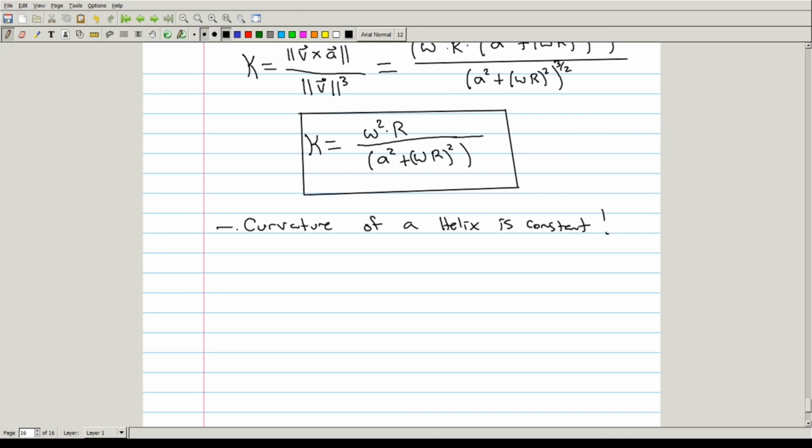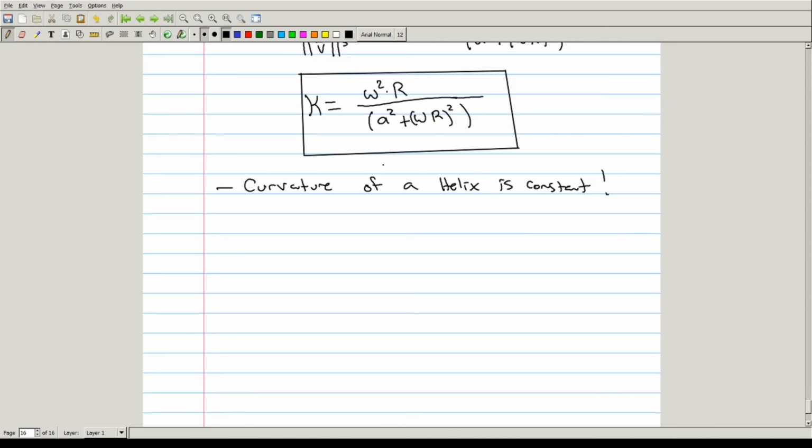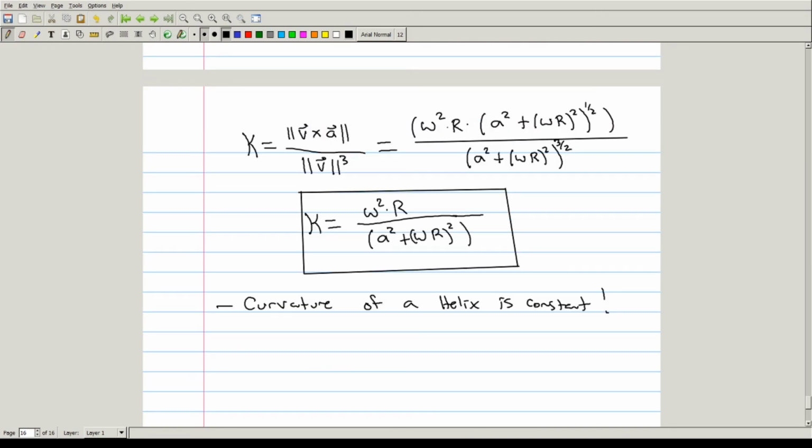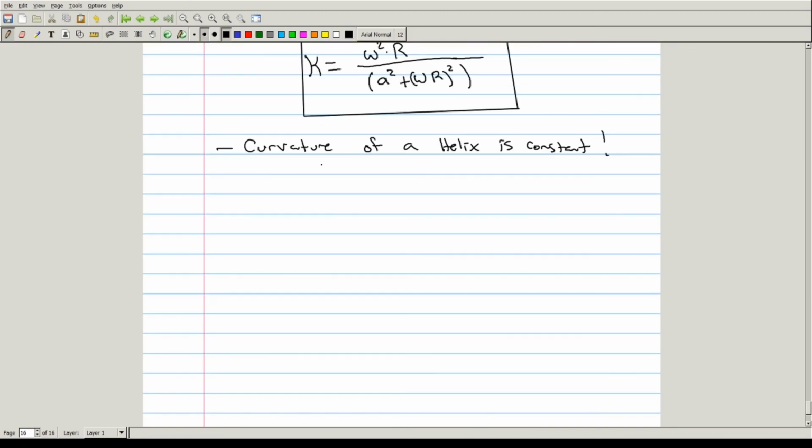So if I give you a helix with a frequency omega, an A value, remember A is the growth rate along the z-axis, and R is the radius of the central circle of the helix, you can use this formula to directly determine the curvature of the helix. But what's more important here is seeing the process used to derive this special formula that we started out with, and then also apply it to a specific problem.